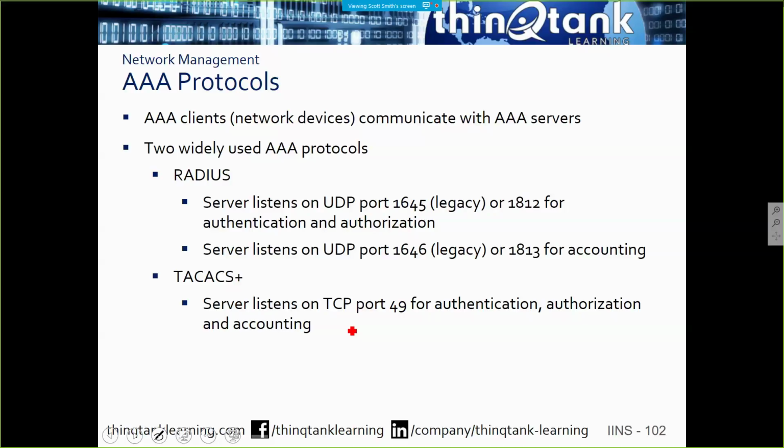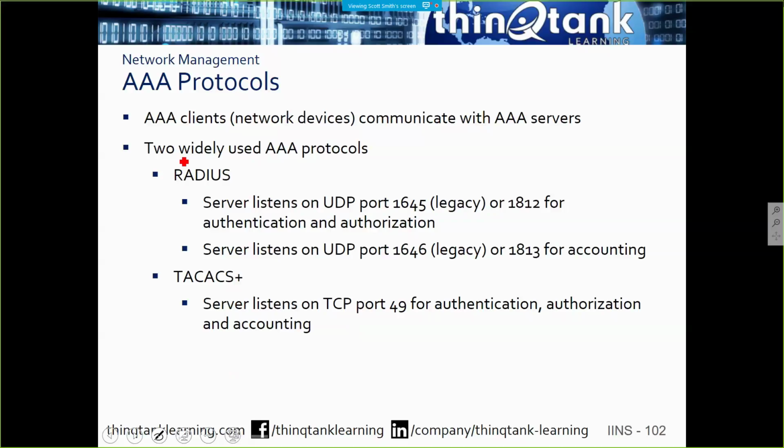And then we have the authentication server, which is the back-end device that provides the actual authentication and authorization. As far as what we run on the authentication server, there are two separate protocols: RADIUS, Remote Authentication Dial-In User Service, or TACACS, Terminal Access Controller Access-Control System.